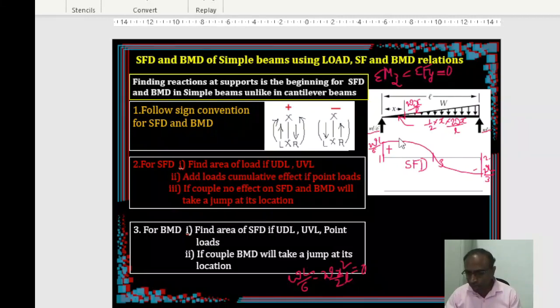So this distance from here to here is L by root 3. Of course, numerically, if you want to calculate, it comes to around 0.577 L. That is the distance.